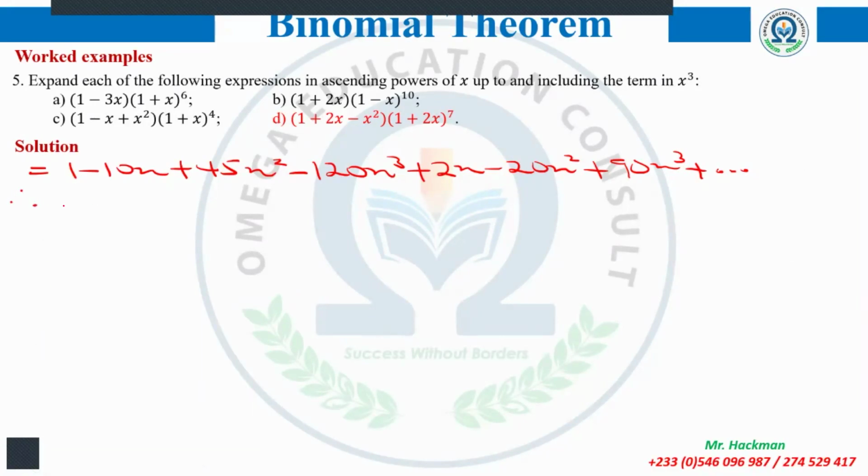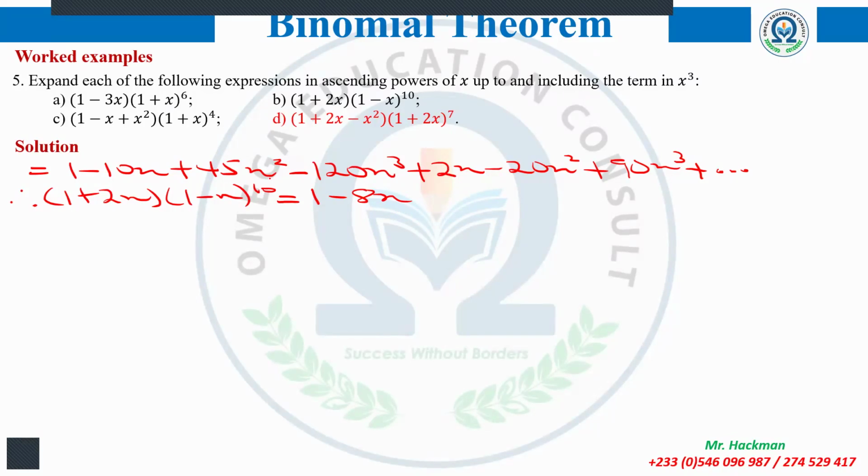So therefore, whatever we're asked to expand, which is 1 plus 2x times 1 minus x all to the power 10, will be equal to only one constant term, so you write it. Then 2 terms in x, this term and this term: minus 10x plus 2x, and that will give us minus 8x. Am I right?